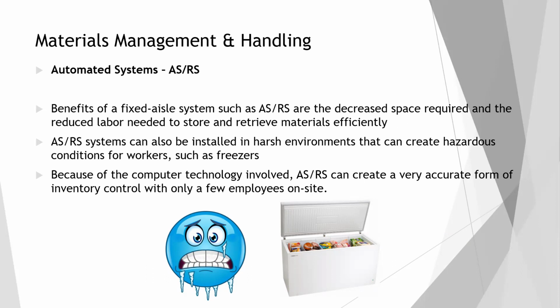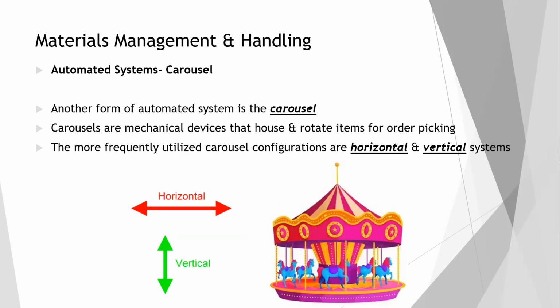There's also reduced labor needed to store and retrieve materials efficiently because the system does it. ASRS systems can also be installed in really harsh environments that could create hazardous conditions for workers, such as freezers. And because of the computer technology involved, ASRS can create a very accurate form of inventory control, and you really only need very few employees on site.